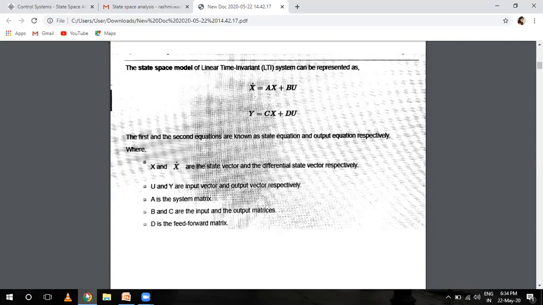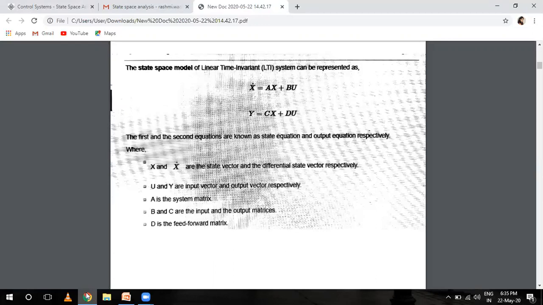Basically, state space representation is a representation of a mathematical model of a physical system as a set of input, output, and state variables related by first order differential equations or difference equations, and the output variable values depend upon the values of the state variables.